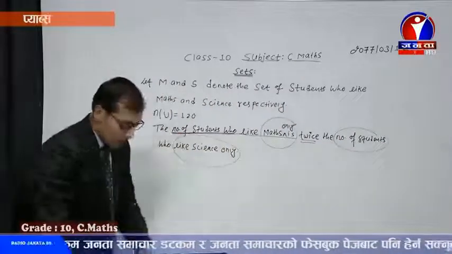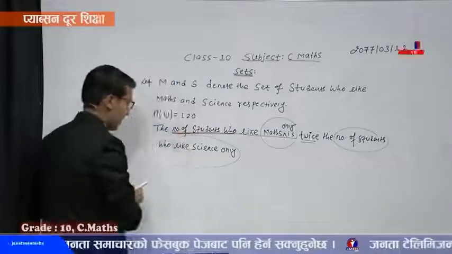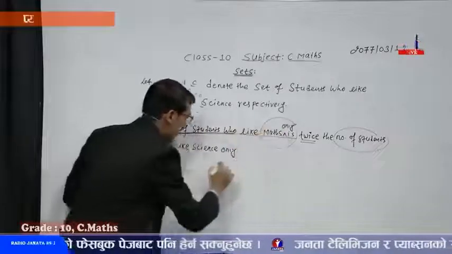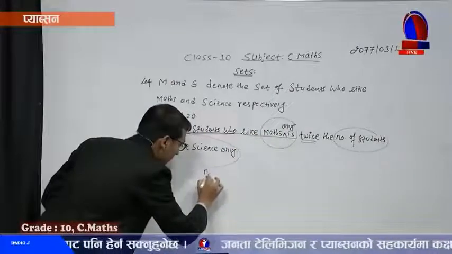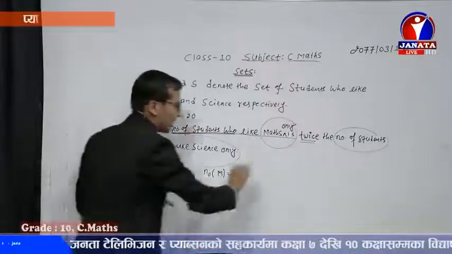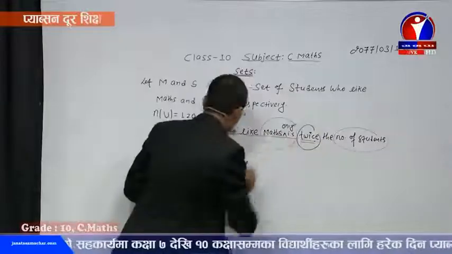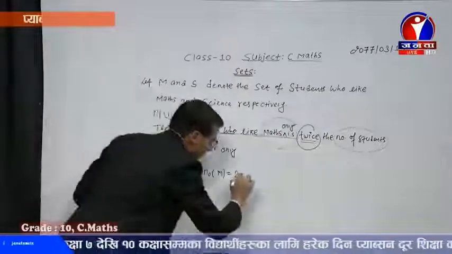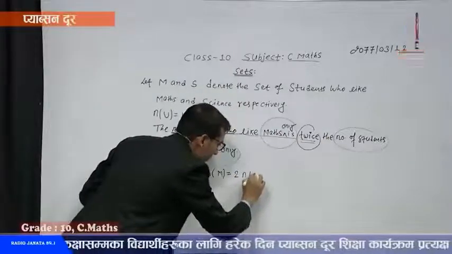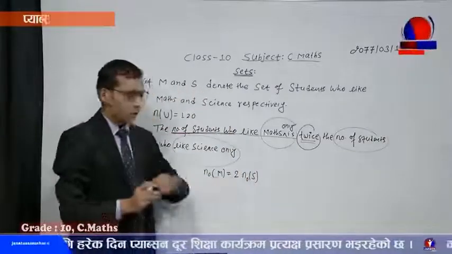Number of students who like math only is n only M. How many times? 2 times, twice the number of students who like science only, that is n only S. So this is a ratio.